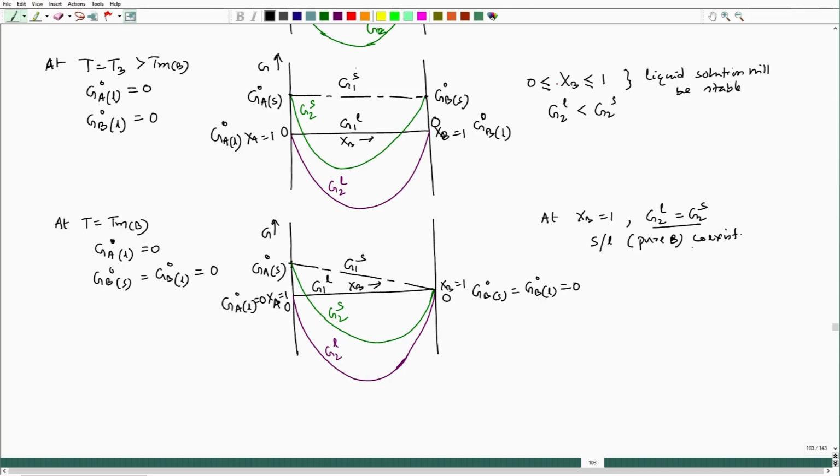That means, if I start from a higher temperature and slowly temperature is dropped to TMB, the first solid will start appearing, because at very high temperature which is T3, everything was liquid solution.